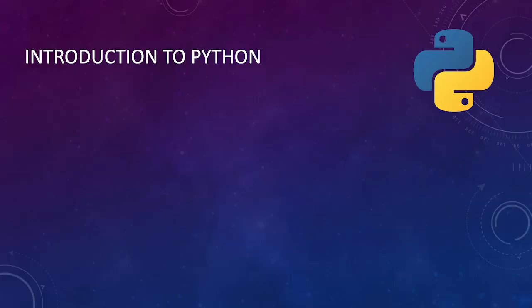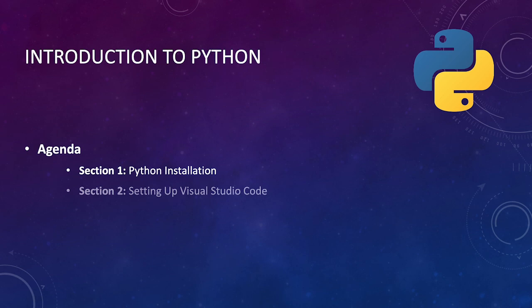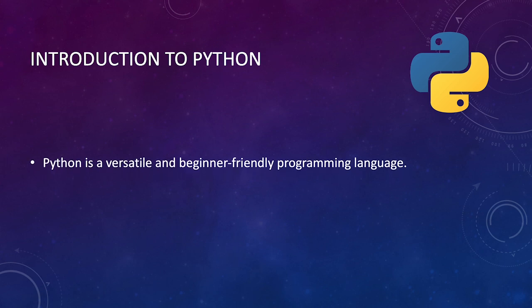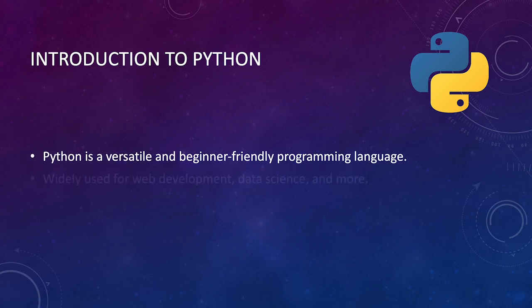Today we are going to set up our Python using Visual Studio Code, and in doing so we'll start with how to download and install Python, and then we'll dive into setting up Visual Studio for our development environment. Okay. What you need to know is that Python is an incredibly powerful and beginner-friendly programming language.